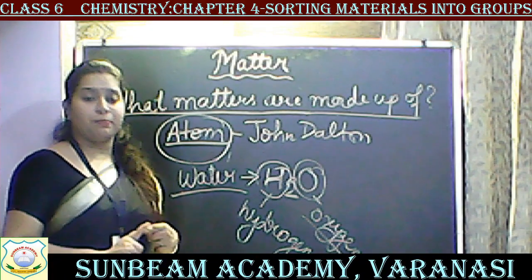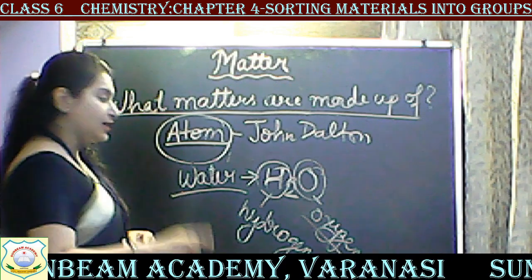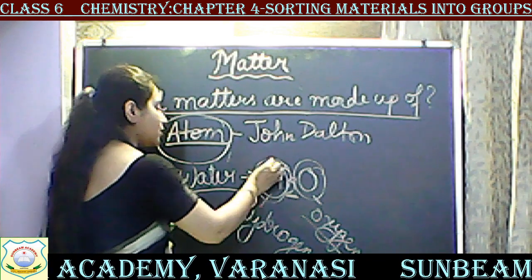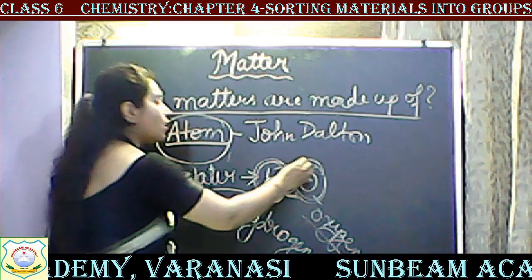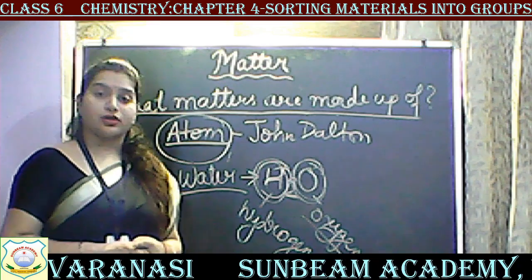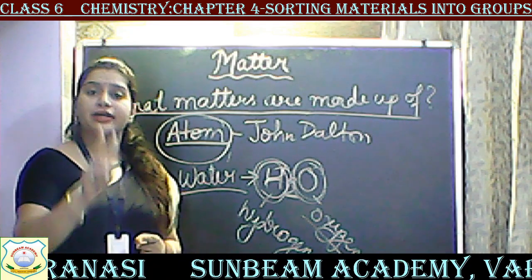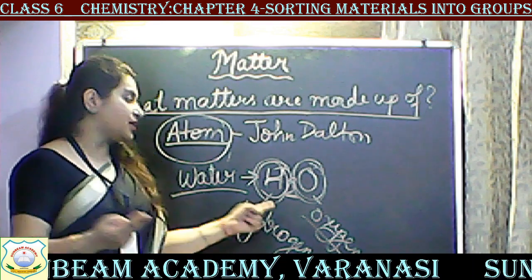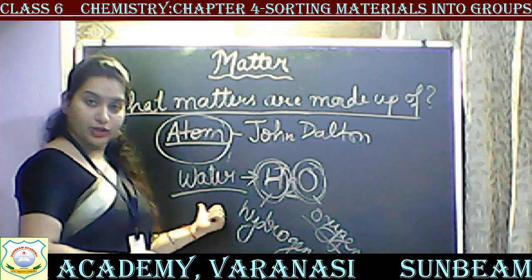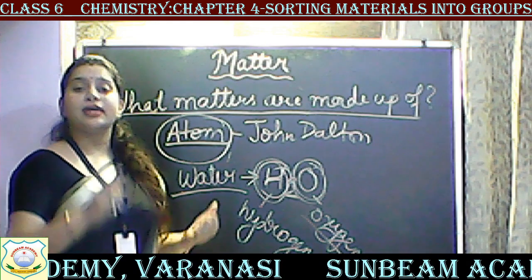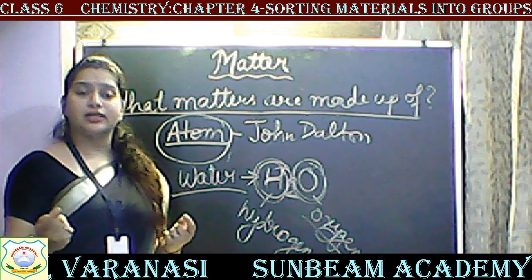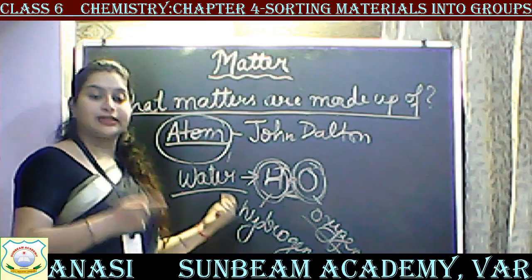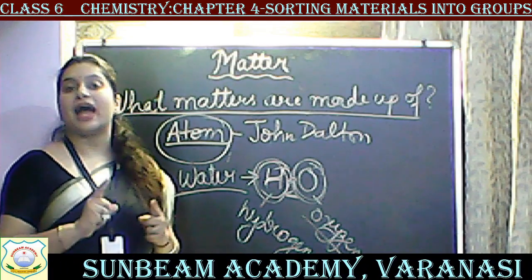It is made up of two kinds of atoms, one hydrogen, the other oxygen. When two atoms of hydrogen combine with oxygen, it forms water. That is why the smallest particle of water cannot be called an atom.